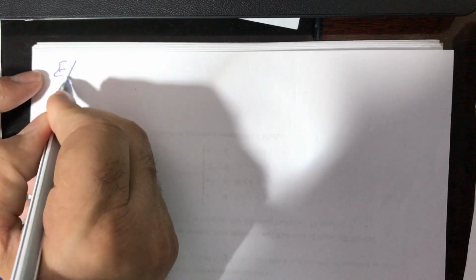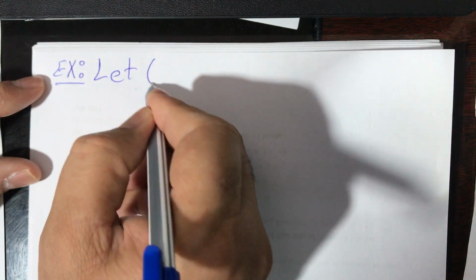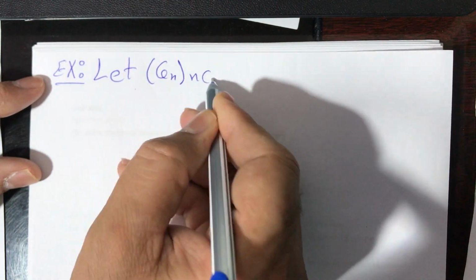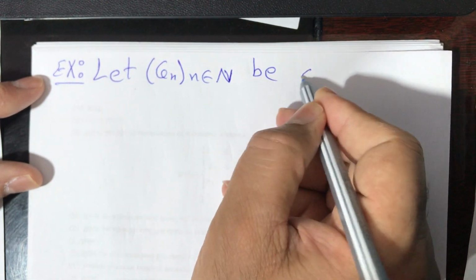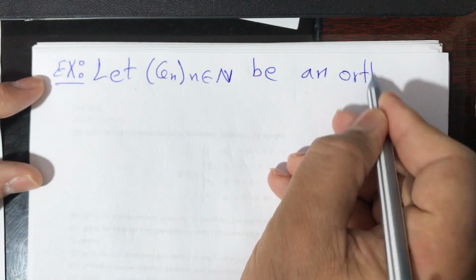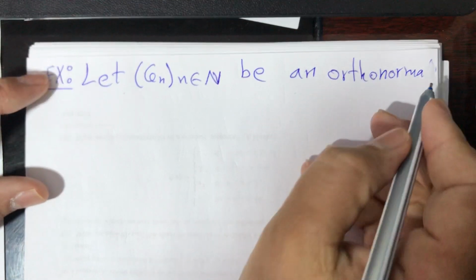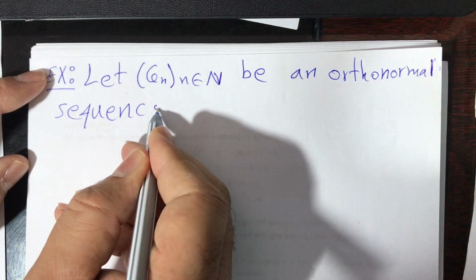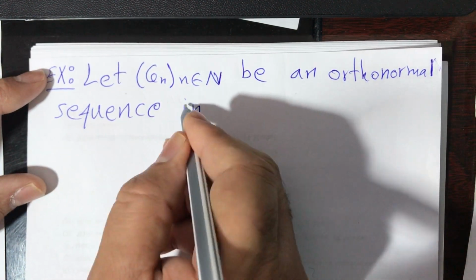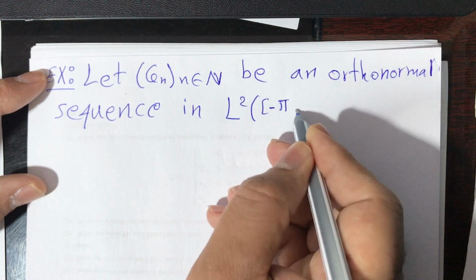Page number 1. Example: let phi n, n belongs to the natural numbers, be an orthonormal sequence in L2 of the closed interval minus pi to pi.